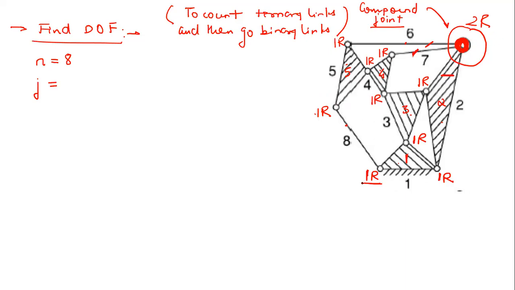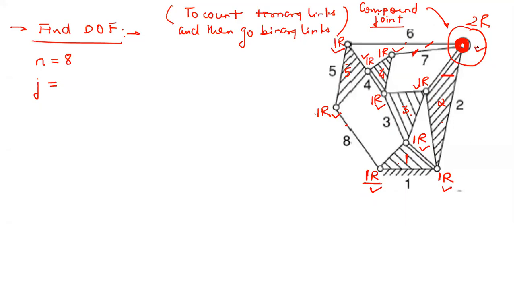Now just simply count the number of revolute pairs, right? When you start counting, just tick mark: 1, 2, 3, 4, 5, 6, 7, 8, 9, right? So all are done.